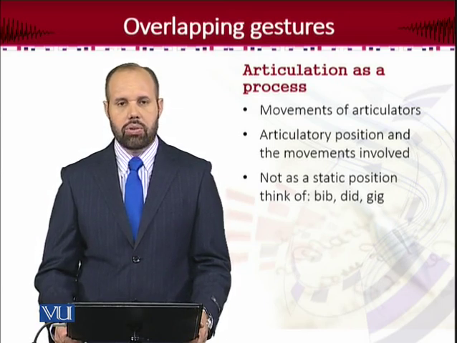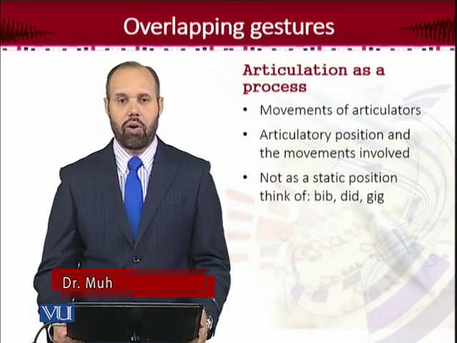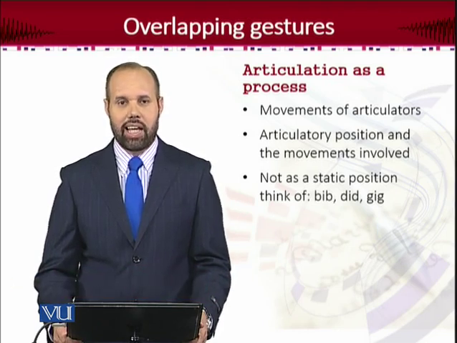If you just try to pronounce these words like bib, did, and gig, right? So the in-between vowel, which is the i in bib, did, and gig, it is overlapping, and it is very much influenced by the context. Like in the case of bib, the b sound is taking it towards more of the position of bilabial, right?